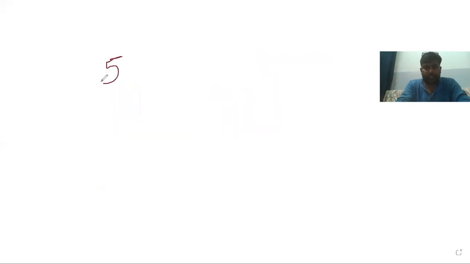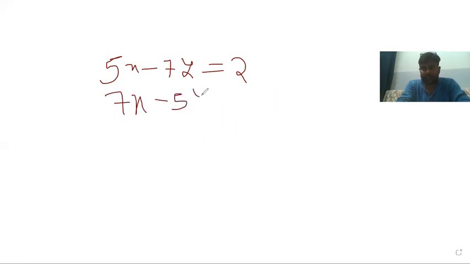First of all, we solve a 2 by 2 system of equations where 2 variables are given, only x and y. 5x minus 7y is equal to 2 and 7x minus 5y is equal to 3.